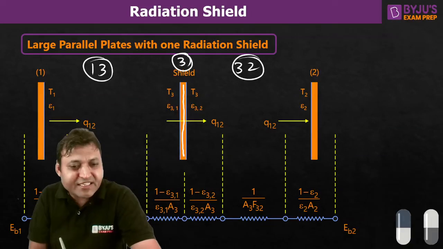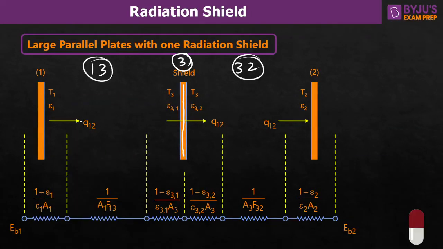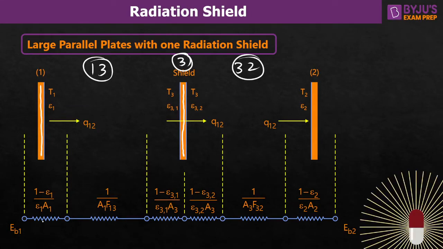If we draw the circuit diagram, try to understand here. The first surface is a non-black surface, so there will be a surface resistance R1, 1 minus epsilon 1 upon epsilon 1 A1. Then there will be a space resistance between 1 and 3, that is R1 3, 1 upon A1 F1 3.